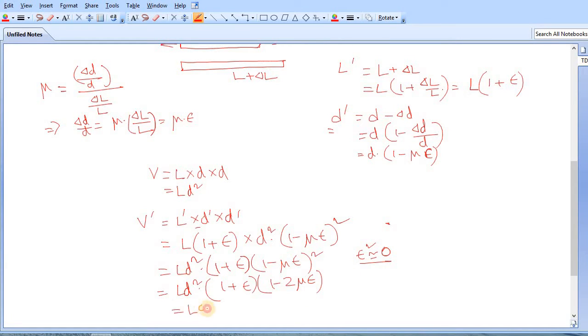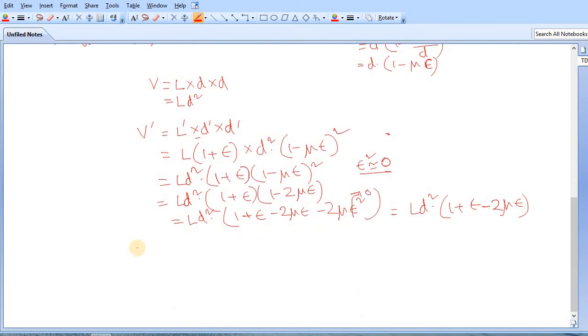And again simplify this: L d square (1 plus epsilon minus 2 mu epsilon minus 2 mu epsilon square). Again ignore this higher term, and it comes as L d square (1 plus epsilon minus 2 mu epsilon).